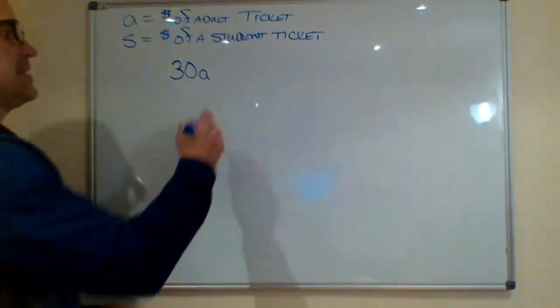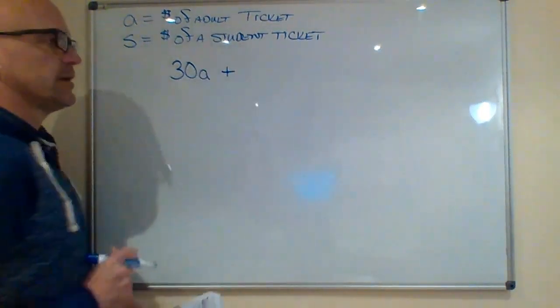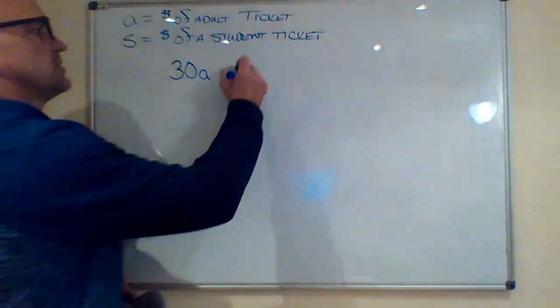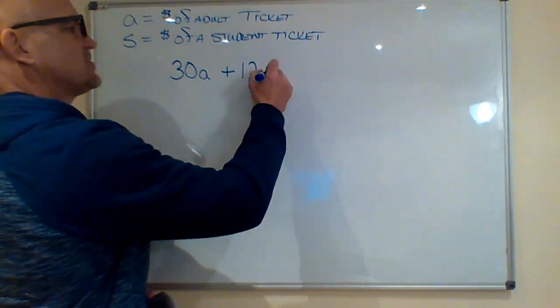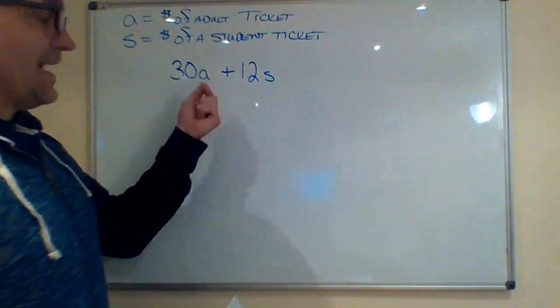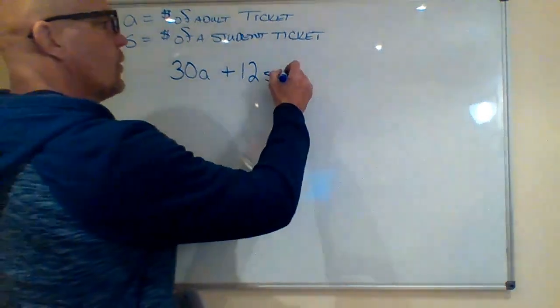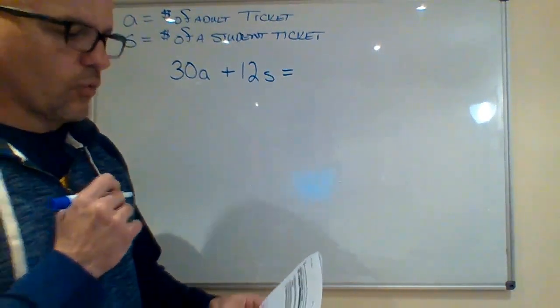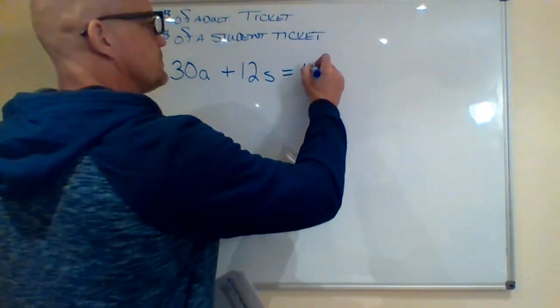I'm going to add to that what I brought in for student tickets. Since I sold 12 student tickets, 12 times S would give me the amount of money generated off of ticket sales. Adding those together gives me the total amount of money brought in, which in this case is $456.